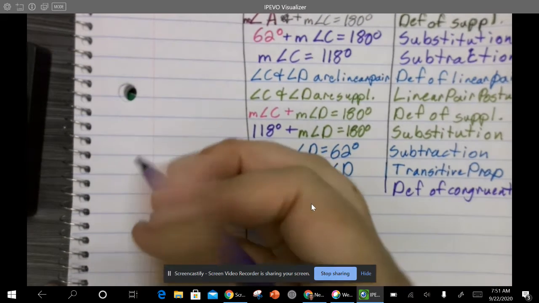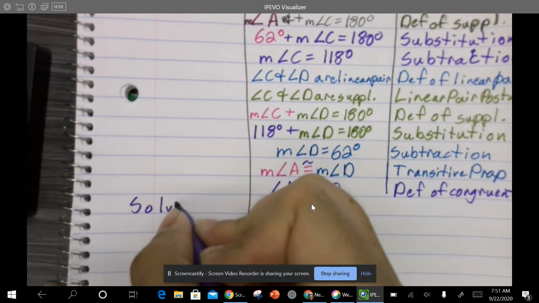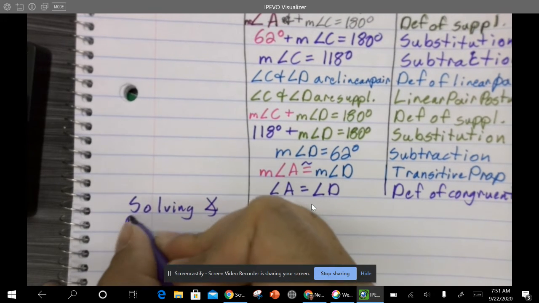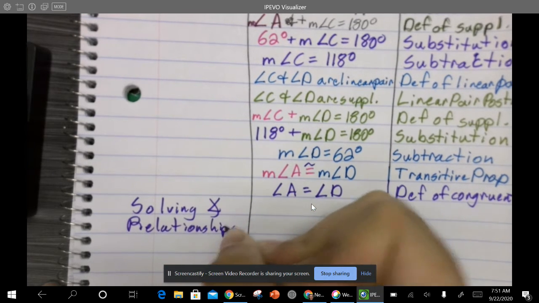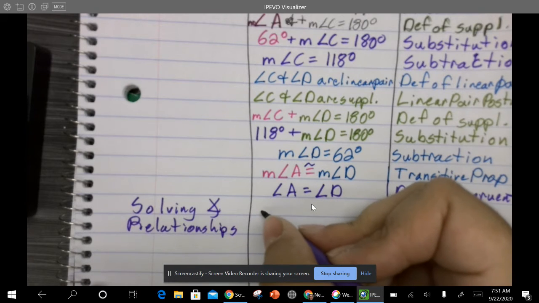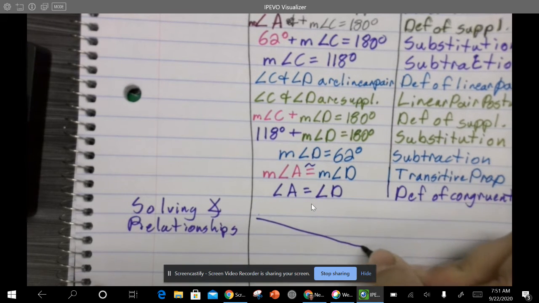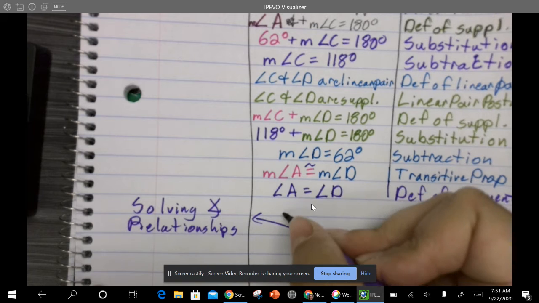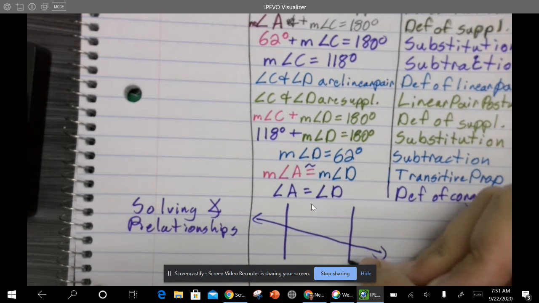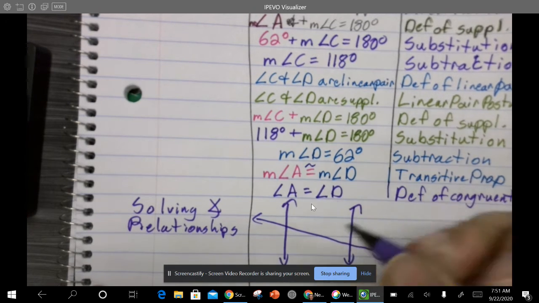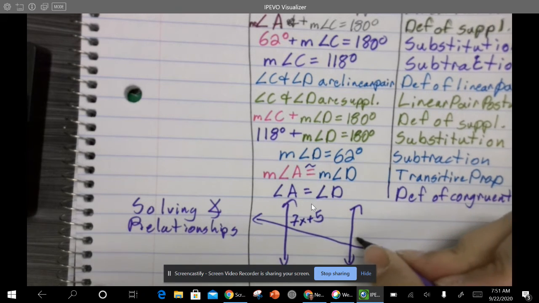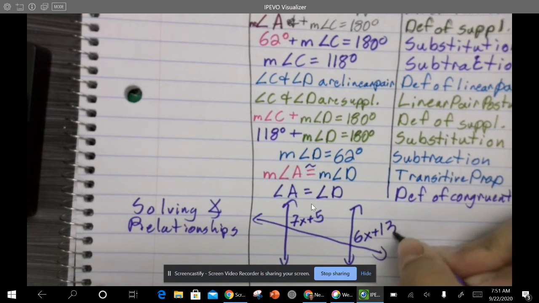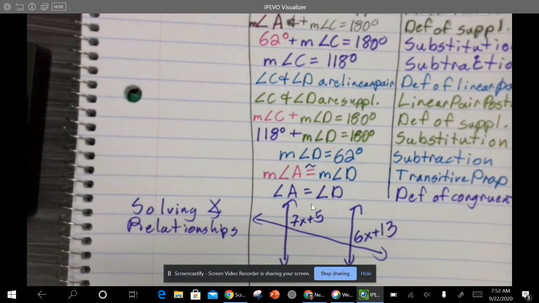Okay, so if we have these angles, and this one is 7x plus 5, and this one is 6x plus 13. So we want to first identify, everybody, what is the angle relationship for this one.